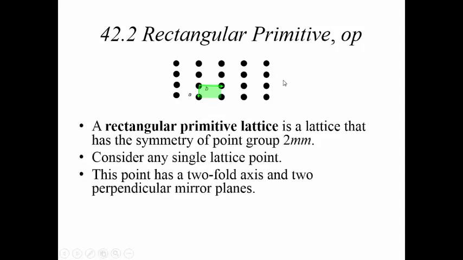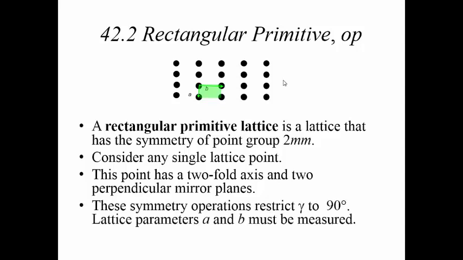So any single lattice point has a twofold axis and two perpendicular mirrors. Since the two axes are always perpendicular to one another in this primitive lattice, the angle between them will always be 90 degrees. So if you have a rectangular lattice, all you have to measure are a and b.